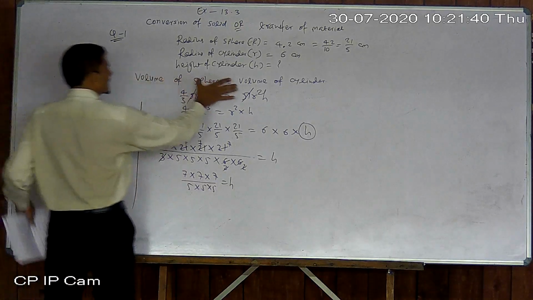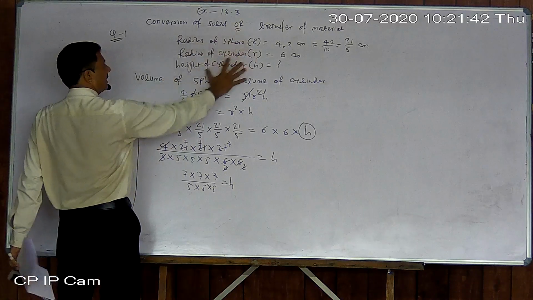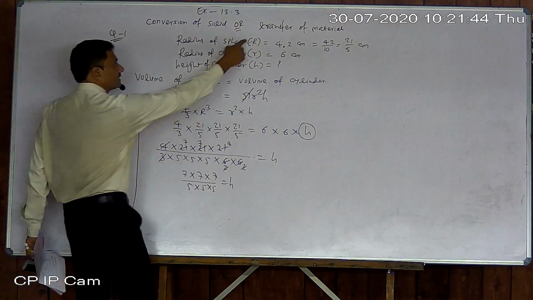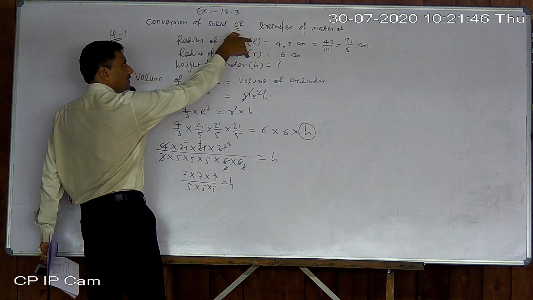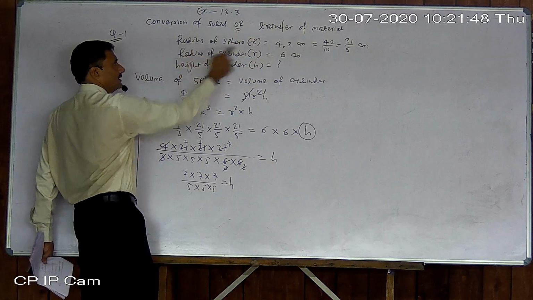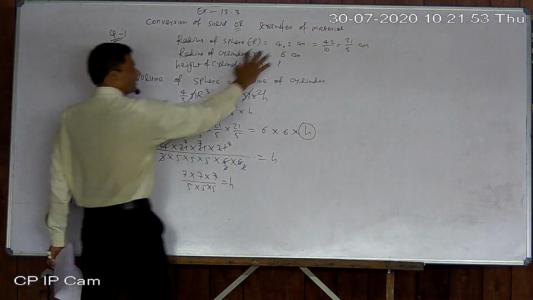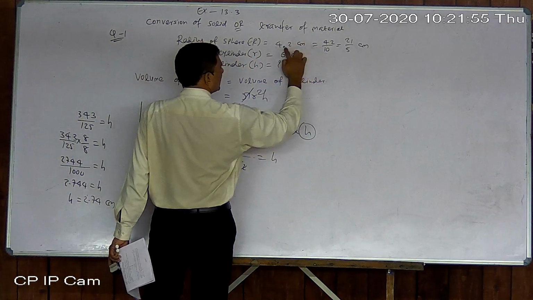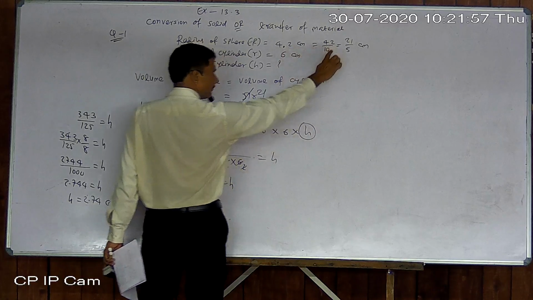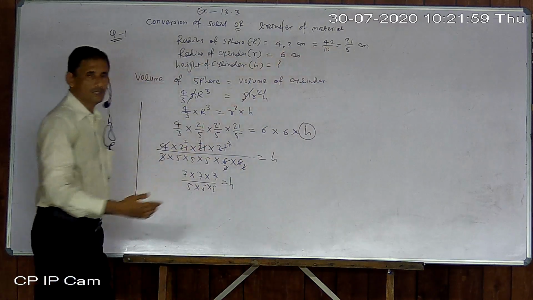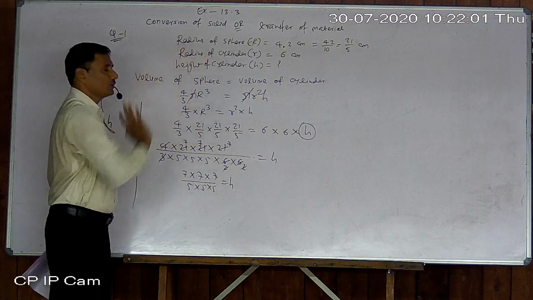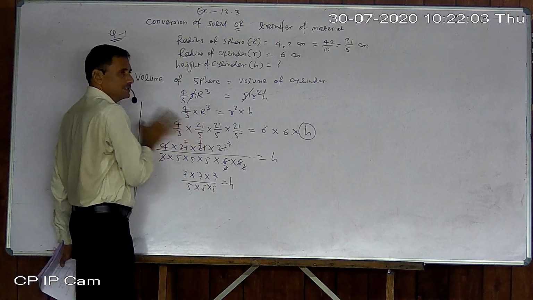But before this comparison, write down clearly all measurements with clear symbols. Distinct symbols should be used for the same word. Radius, radius, so different symbols should be there. Everything must be clear here, and if any decimal number is there, you can convert it into the simplest fraction only, so that the work reduces here.